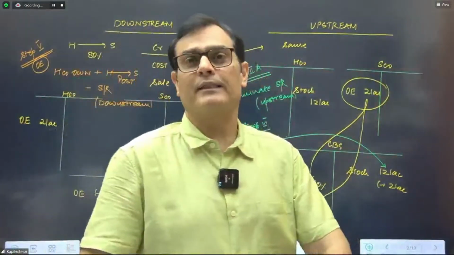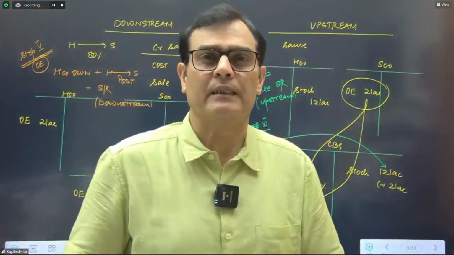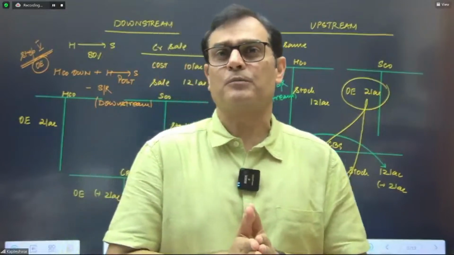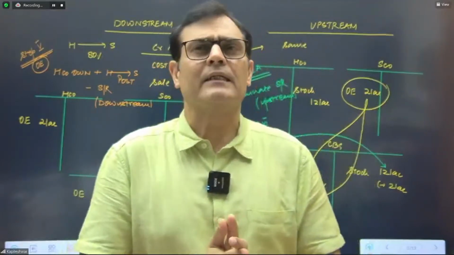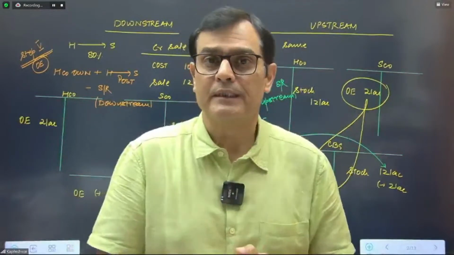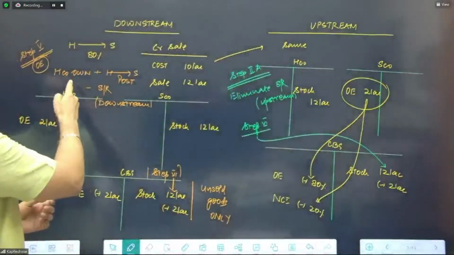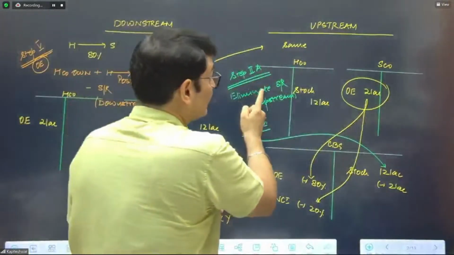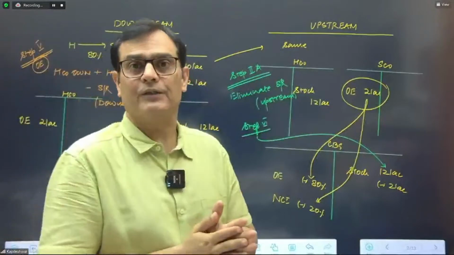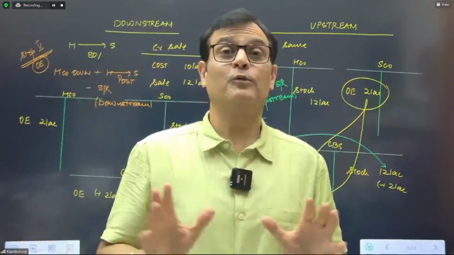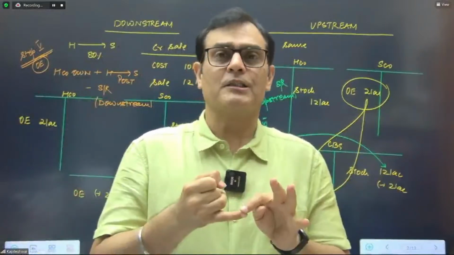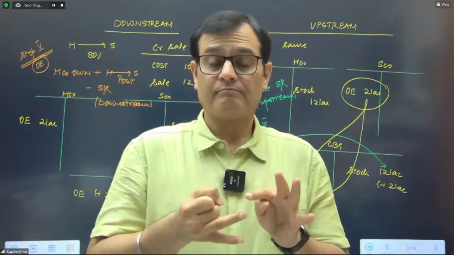The moment you look at the transaction, your mind should be very clear, because many people get confused and eliminate the unrealized profits on other equity, irrespective of whether it's down or up. So remember, step 5 gets triggered in terms of downstream, and step number 5 doesn't get triggered in terms of upstream. Then step number 2A is going to trigger. Right? I hope I am pretty clear on the permutation combinations. So unrealized profit elimination is done.